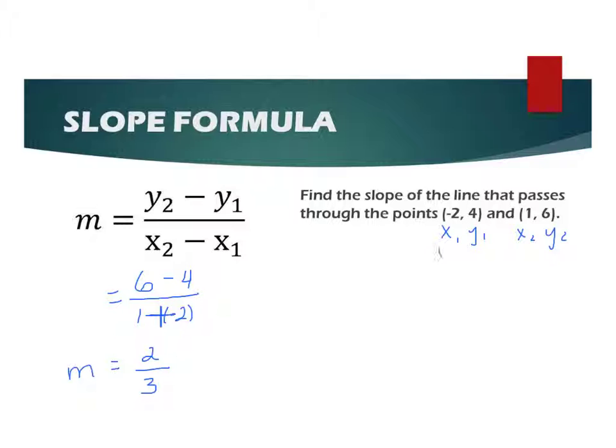And just so that you can see that it doesn't matter which point is first and which point is second, in red I'm going to go ahead and do the same thing using the points in the opposite direction.